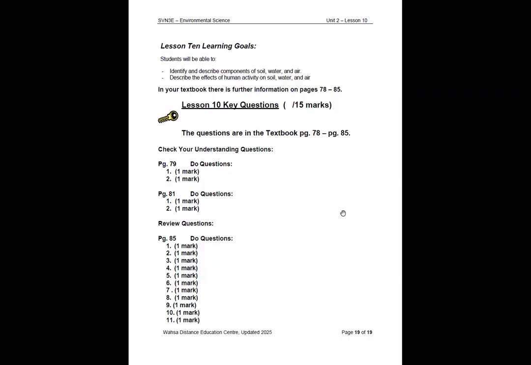Industrialization caused us to pump lots and lots of chemicals into the air, into our soil and into our water, toxins and other things that are not healthy to ecosystems, to the plants, and then in turn to the animals and us.